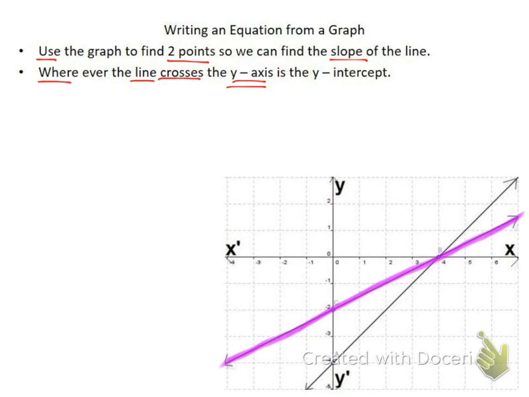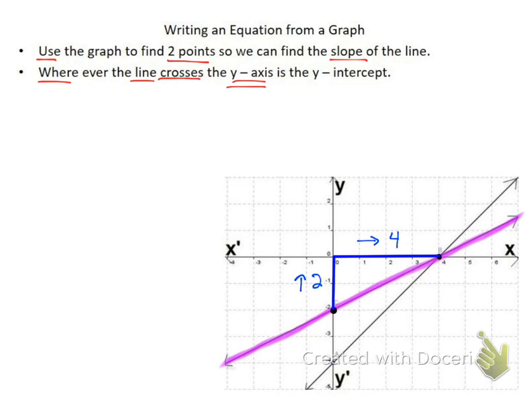Two points that are on this line are at that point right there and that point right there. The easiest way to find the slope with these 2 points is to figure out how I got from one point to the next by going vertically and horizontally. When I do this, I go up 2, and I go to the right 4.